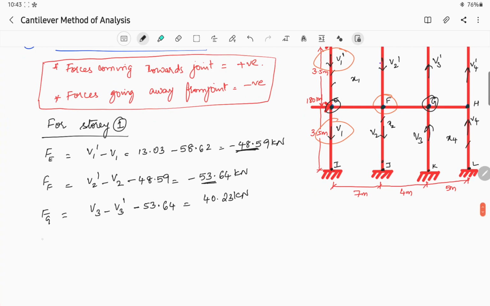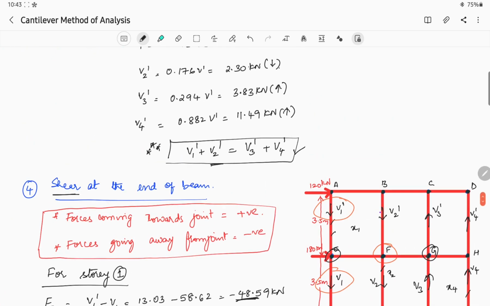So shear force at H is equal to V4 minus V4 dash minus the previous value, which is 40.23, equal to, you will get 0. If you get 0 here, that means your calculation is absolutely correct. If you solve this one, V4 minus V4 dash will give the value as plus 40.23.